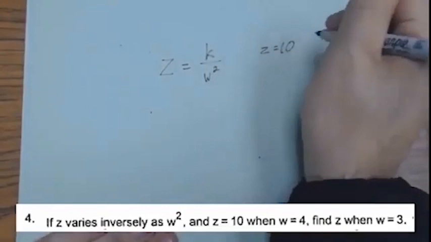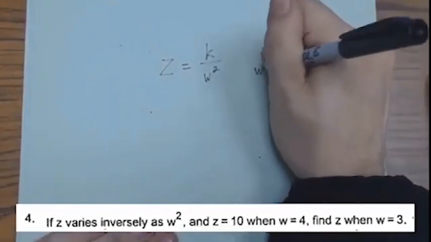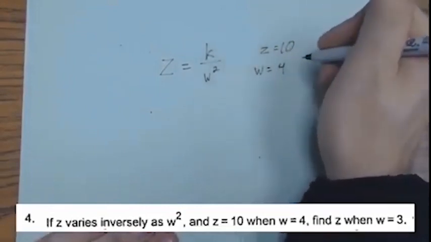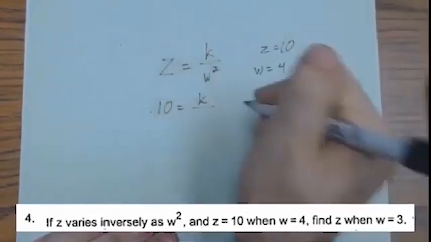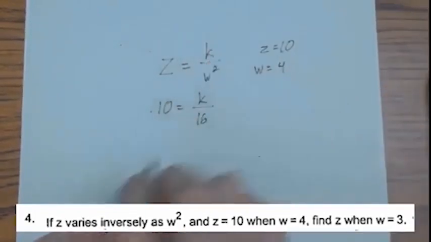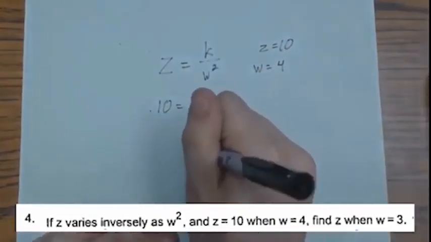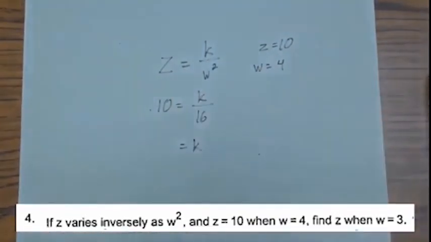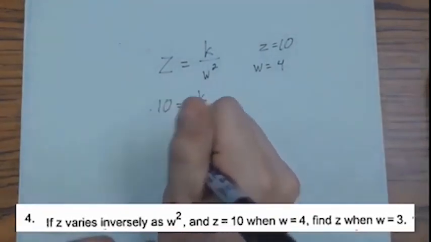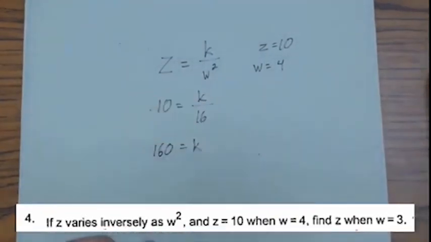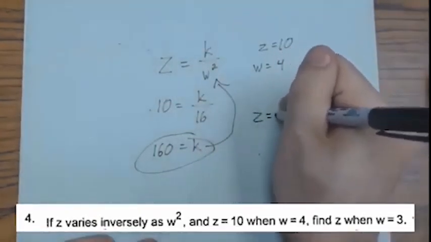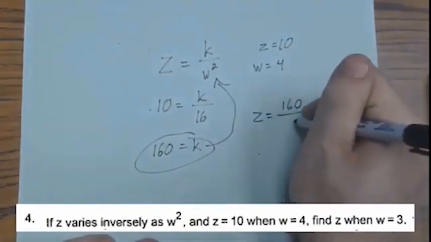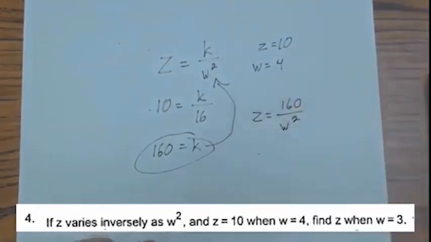We're told z equals 10 when w equals 4. Plug in 10 equals k over 4 squared, 16. To solve for k, multiply both sides by 16. That's k equals 160. Plug that back in. Z equals 160 over w squared.